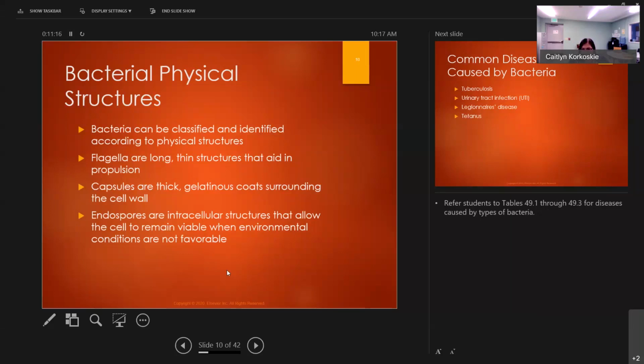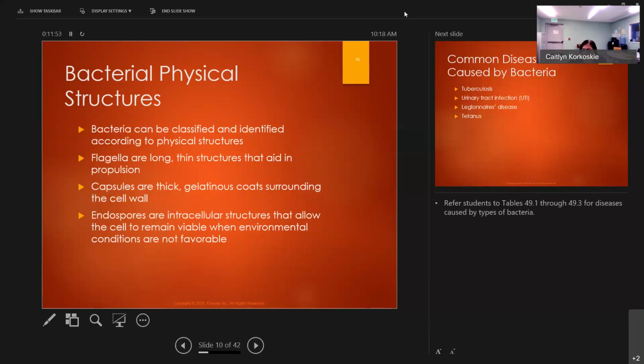Again, that was the slide we were looking at before with the different shapes of the bacteria and their structures. So basically, bacteria are classified based on their shape and the environment in which they survive. Those are key factors in identifying the bacteria, and also in recognizing whether, when you use the different stains, the bacteria is gram-negative or gram-positive.